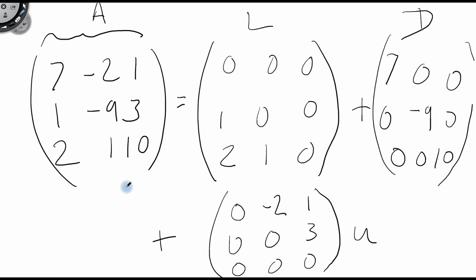Okay, so there's no clever, elaborate transformation here. We just partitioned off the different bits of the matrix: the lower triangular bits, the diagonal bit, and then the upper triangular bit. Okay, and that's it.